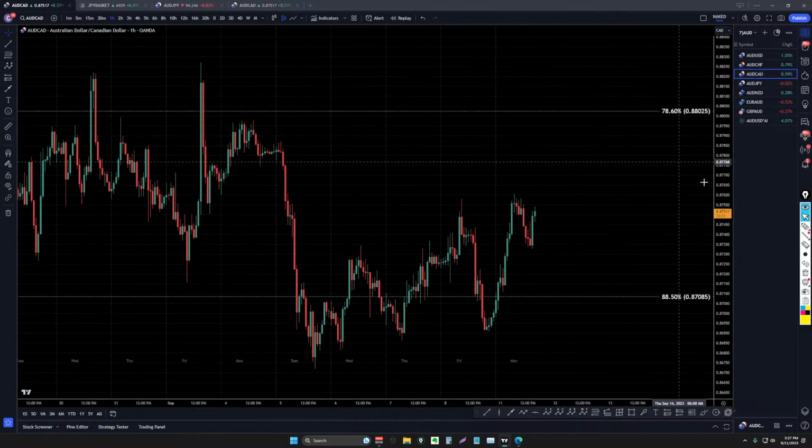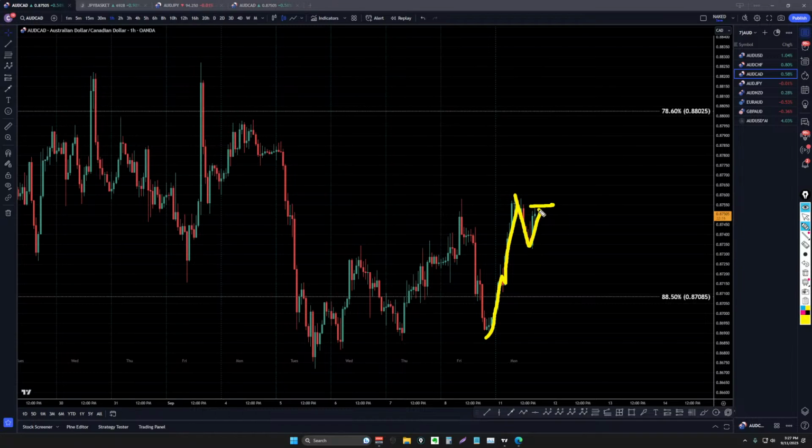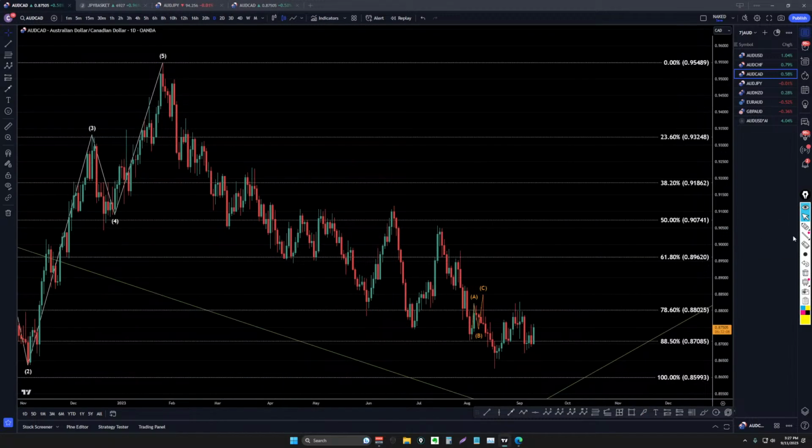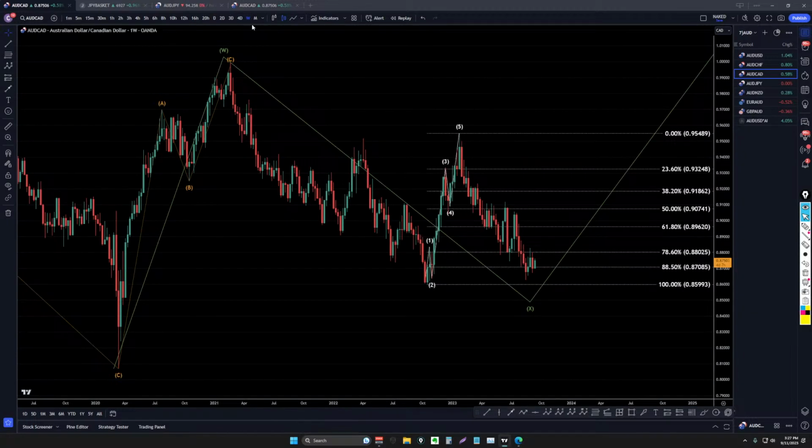The Aussie CAD is another one I'm keeping a close eye on. It kind of looks like it already made a short right here, but I don't like how much it's going up, because this looks like a trend. So if this makes a lower high, I think that's going to be a nice short. It might even keep going down based on the higher time frames. Unless it really is ending a wave 3 or something.